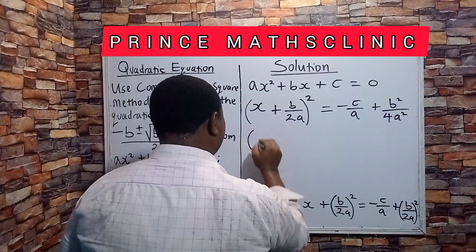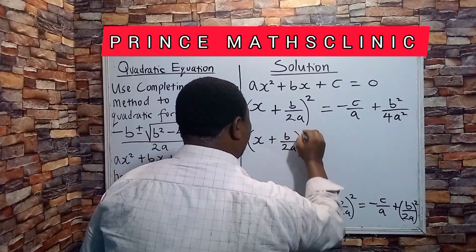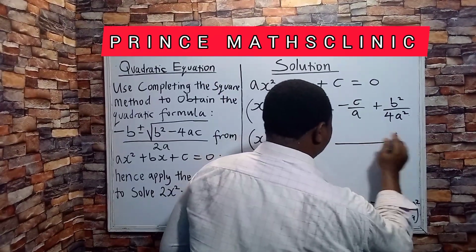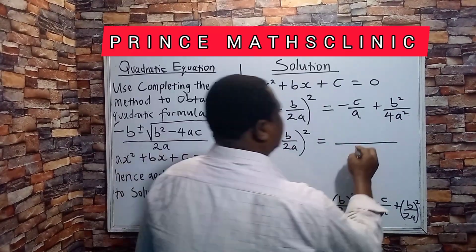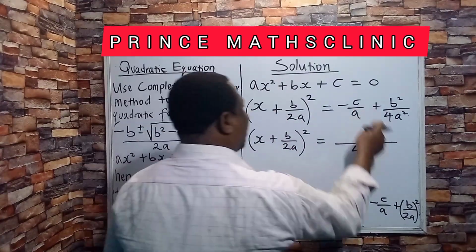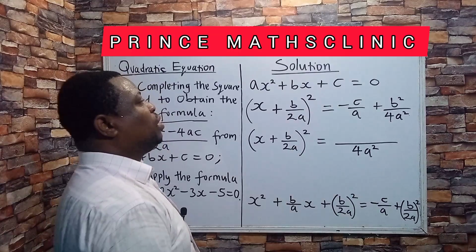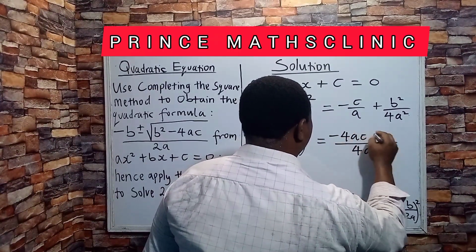So this becomes x plus b over 2a all squared equals, so look for the LCM, which is 4a squared. a goes into 4a squared 4a times, so use 4a to multiply c, and you get negative 4ac.